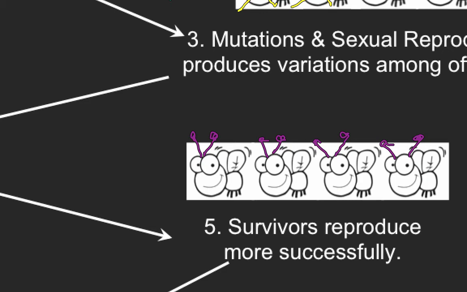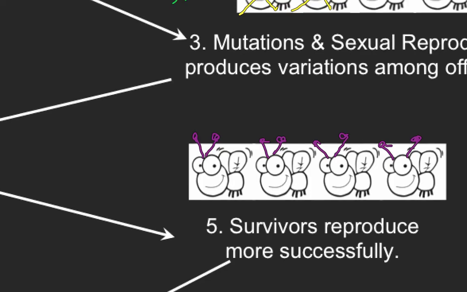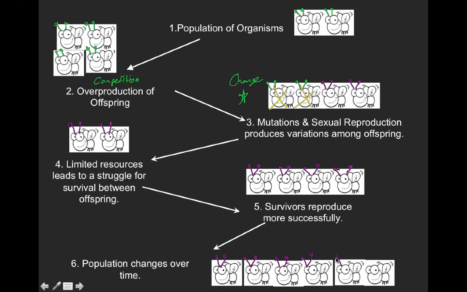And over time, entire populations can change from one variant to another. In this case, we're ending with all these purple fruit fly antennae, and remember we started with the green. So ultimately we get a shift in our population over time because of these 6 steps.